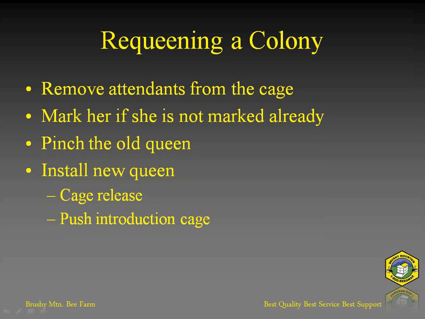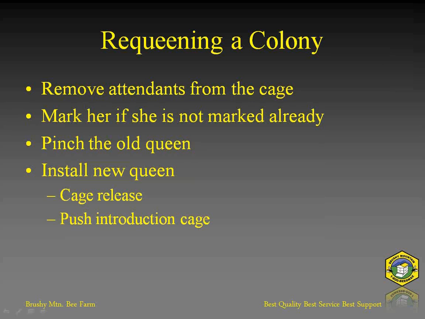And the reason for that is that, of course, the colony that the queen's going into, those bees don't know this queen, but the attendants that are with the queen, of course, are from her colony, so you could get a little bit of infighting that occurs as a result. Removing those attendants cuts that fighting out and increases their acceptance of the queen right from the get-go. You can also use this opportunity to mark her if she's not already marked.